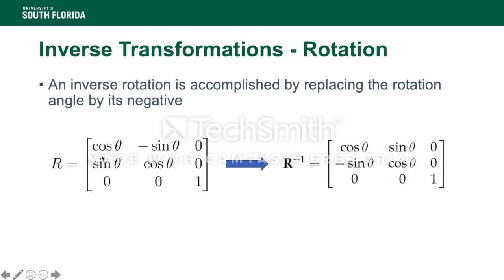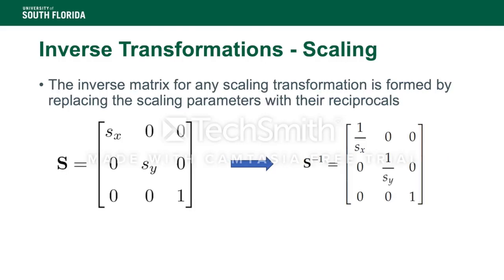For example, cosine of theta is replaced by cosine of minus theta, but it's the same. In the case of sine, we know that the sine of minus theta is minus sine of theta. Then we obtain this new matrix as the rotation matrix for the inverse transformation.